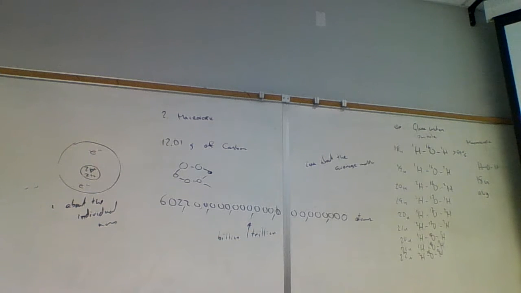So it would be 35.5. 35.5 would be the average mass of a chlorine atom. So what is the actual average mass of a chlorine atom? It's 35.45. Pretty good. So you're able to do the calculation in your head.